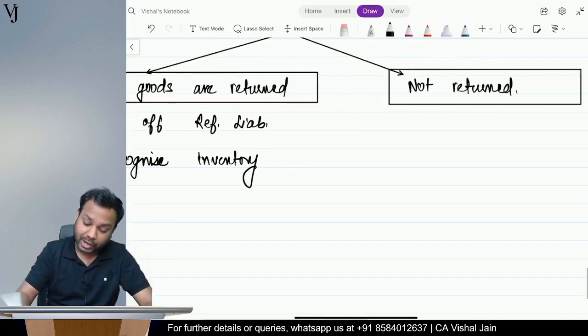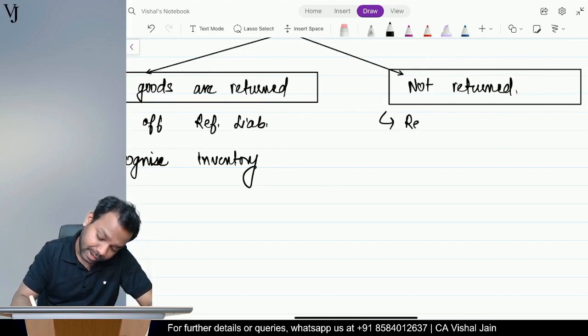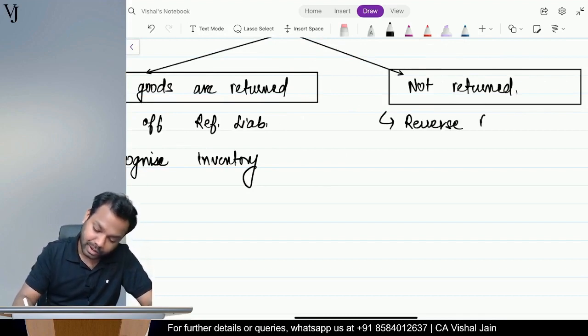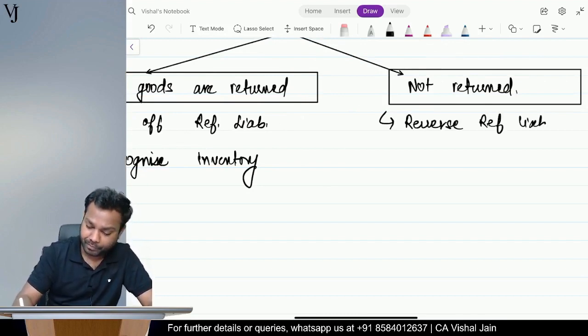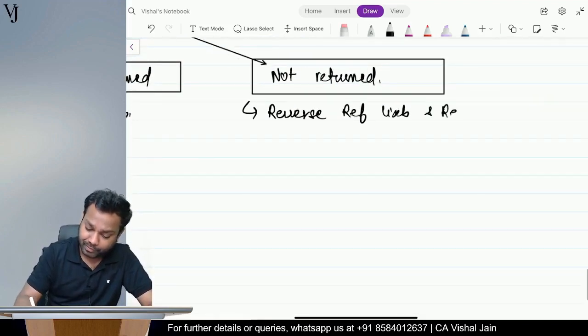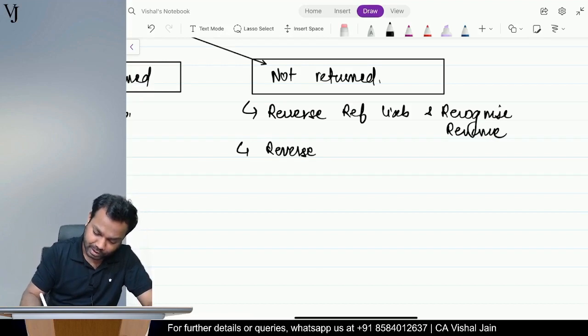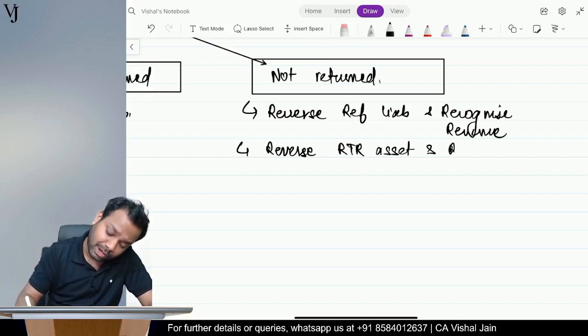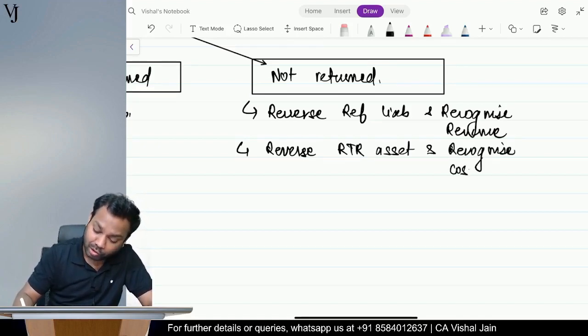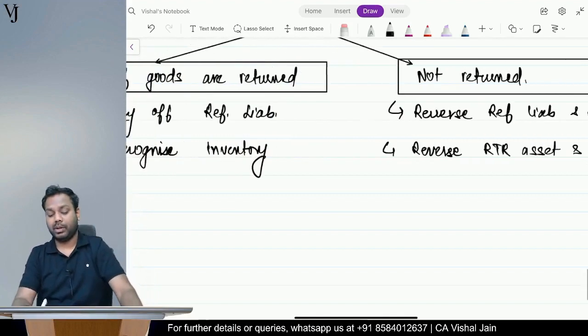Now if goods are not returned, then reverse the refund liability and recognize revenue, and reverse the right to return asset, and recognize what? Tell me, guys. Recognize cost of sales. Very good. Wonderful. Is it clear, everyone?